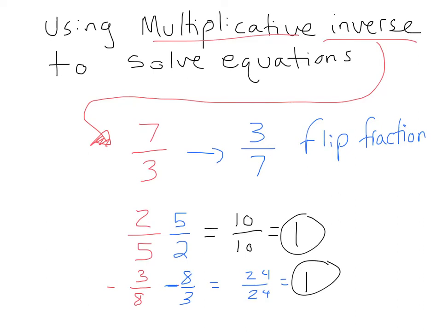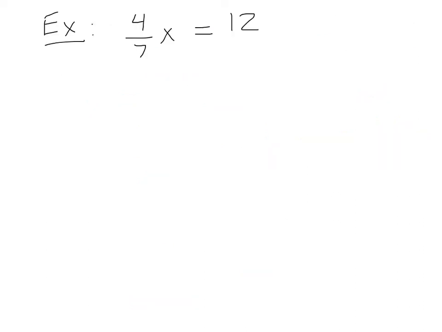Here's where we go. If you come across an equation that asks you to solve for x, you go through the necessary steps. You see a number right next to a variable, so that implies multiplication. Well, let's tell the story about x. X is being multiplied by 4/7, so typically you would divide by 4/7 on both sides.